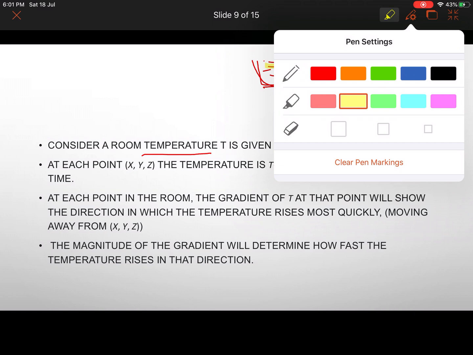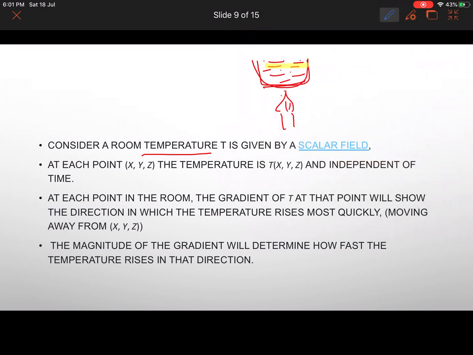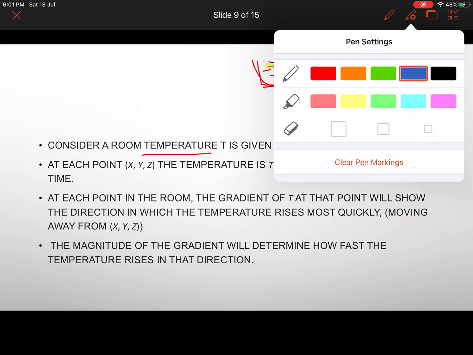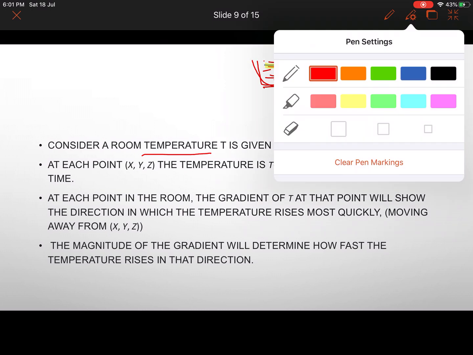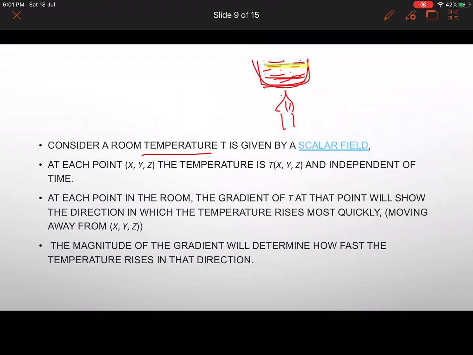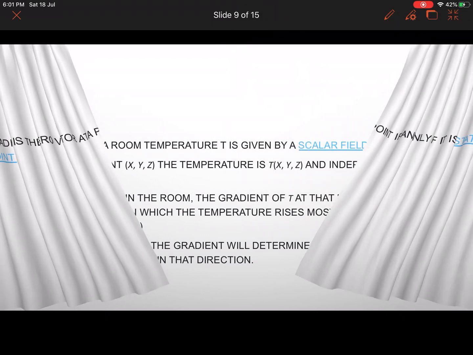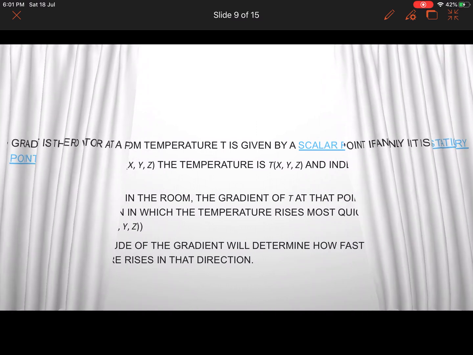As it keeps on going, the temperature will increase. Blue color generally we denote for the temperature being very high.